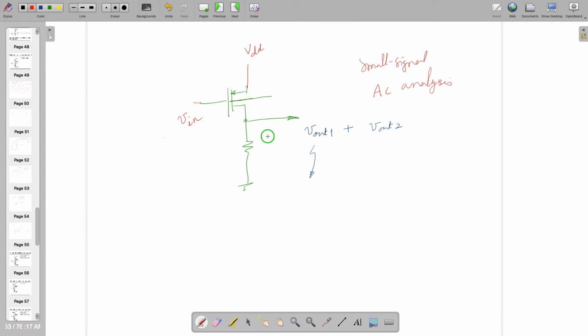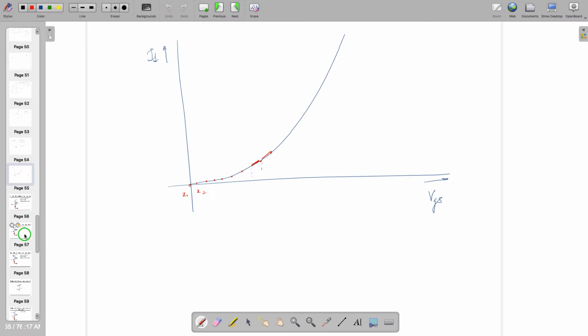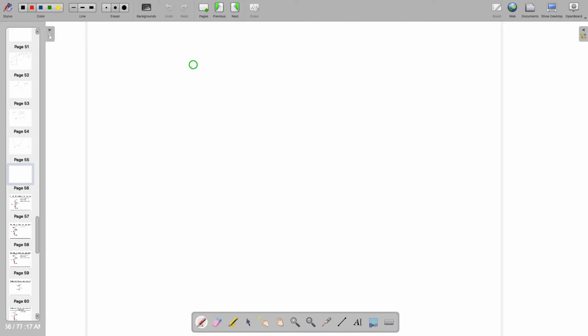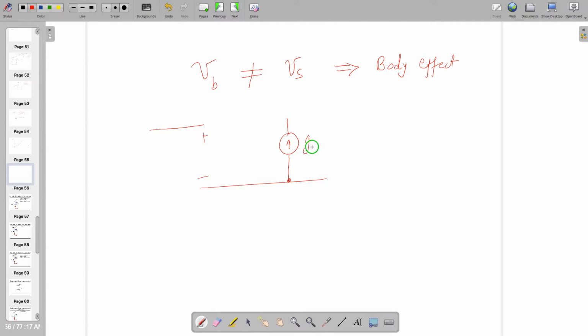So these two things we already knew, but we also understand that if body potential is not connected to source potential, it's going to give you body effect. We had the following small signal model, but on top of that there is a fourth terminal.